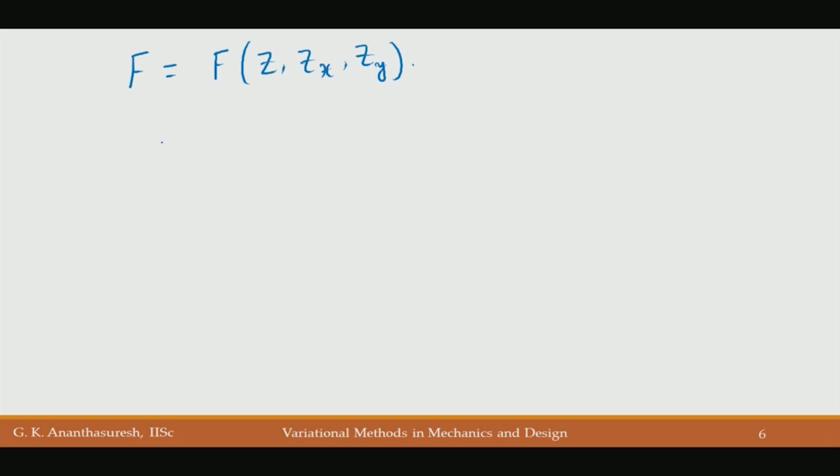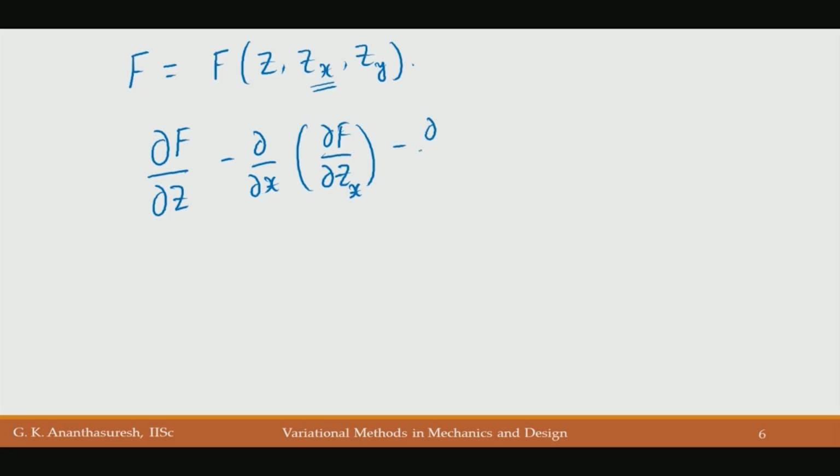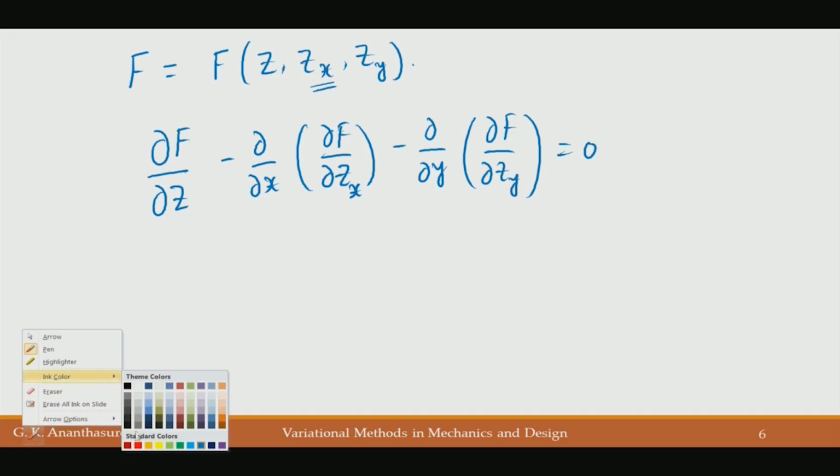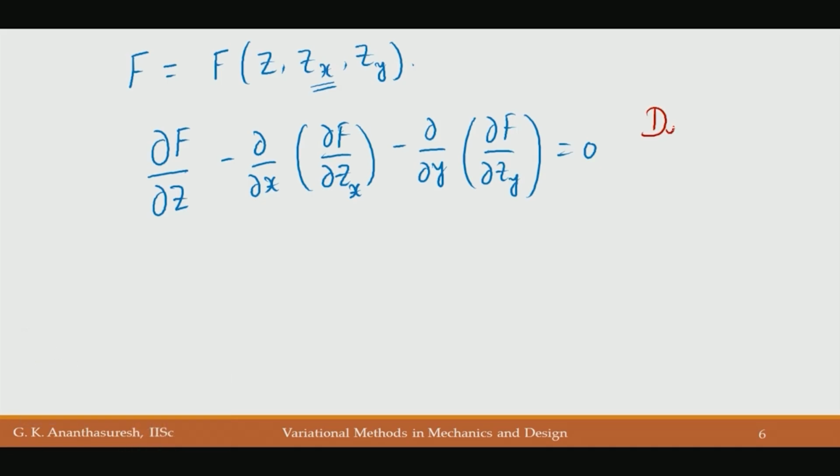This gives us a differential equation, that is dou f by dou z minus dou by dou x of dou f by dou z sub x, where wherever zx is, only that partial derivative you take, and then take the partial derivative of that with respect to x, minus dou by dou y of dou f by dou z sub y, equal to 0. So, this is the differential equation.